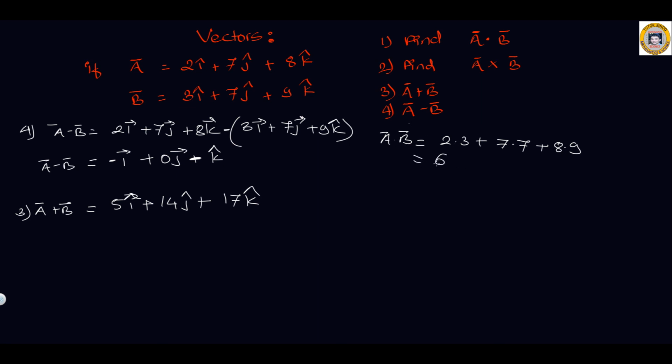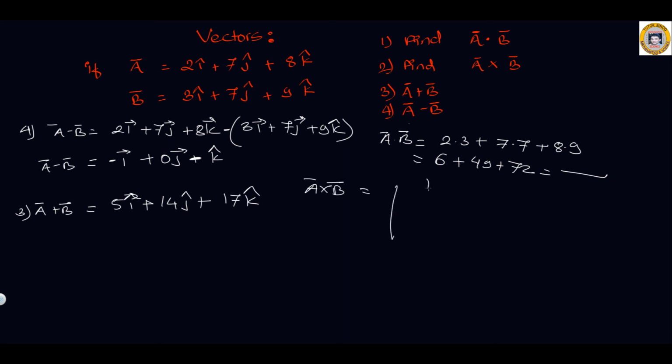So this is 6 plus 7 times 7 is 49 plus 8 times 9 is 72. So you add them together to get the answer of a dot b. It's a scalar quantity. But now if I want to find a cross b, it's a little bit difficult.